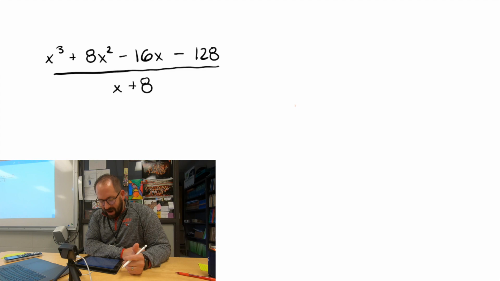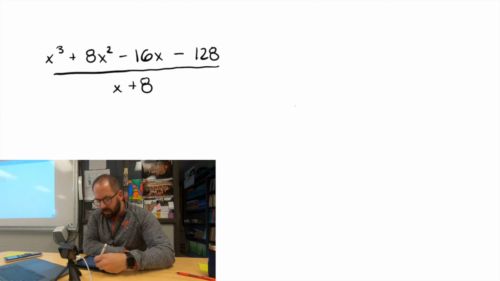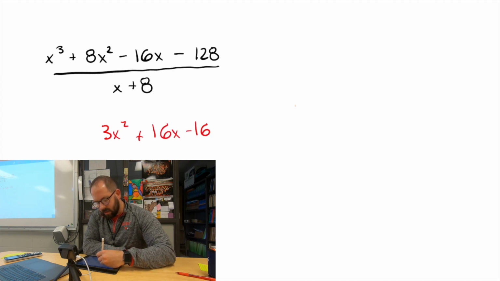Anyway, let's work through it here. So, derivative of the top. What do we get? 3x squared, 16x minus 16, times the bottom.